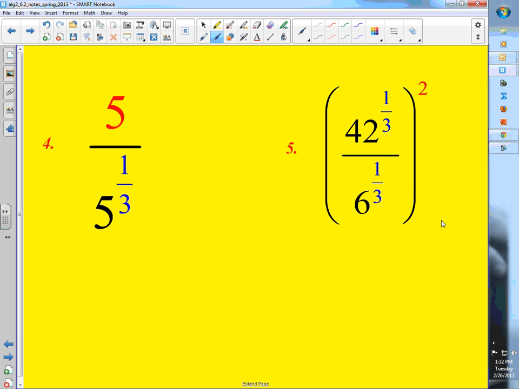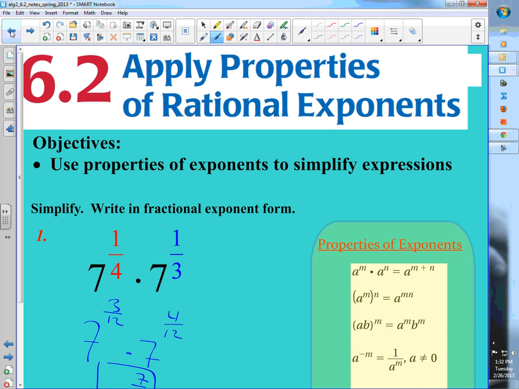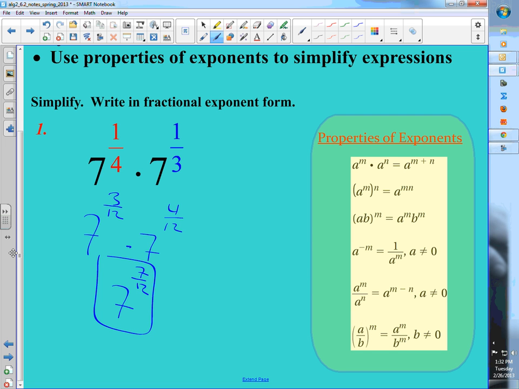I want to take you back. Hang on, Jonathan. I want to go back to this. I don't really like the way the power of a product is done because it doesn't really show you what happens if A and B are raised to powers. So you might want to include A to the R, B to the T, raised to the M power.